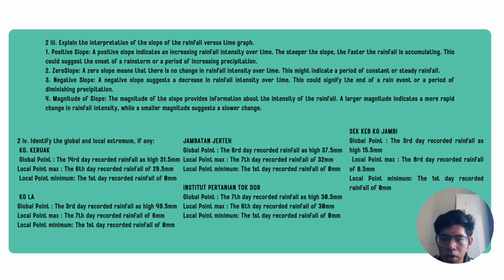For Kampung La, the global point is the third day recorded rainfall as high as 49.5 mm. Local point maximum, the 7th day recorded rainfall of 8 mm, and for local point minimum is the first day, which is 0 mm.